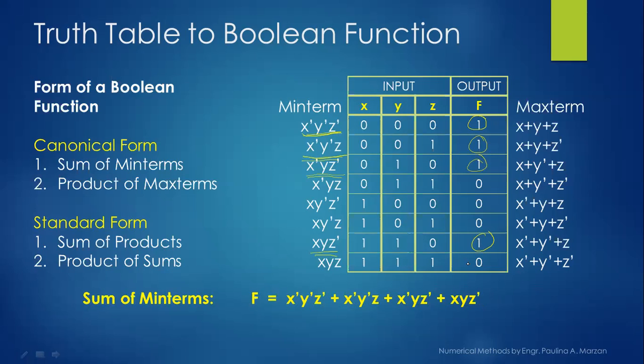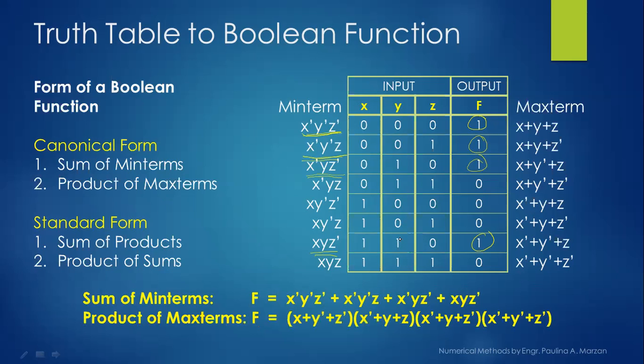So what about if we're going to express it in the product of max terms? So expressing the function to the product of max terms, it will be the product of the max terms with an output of 0. So you take the max terms with an output of 0, and operate all of this by AND, you will get now then the function of the truth table expressed in the product of max terms.